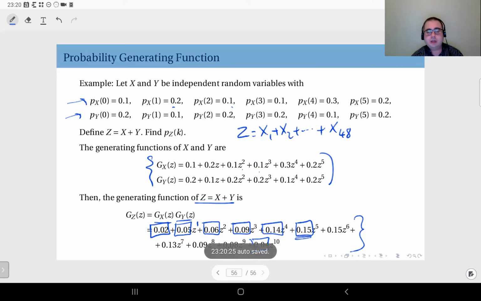But if you write the generating functions and multiply them using a computer, by just looking at the coefficients, you can retrieve the PMF of Z.